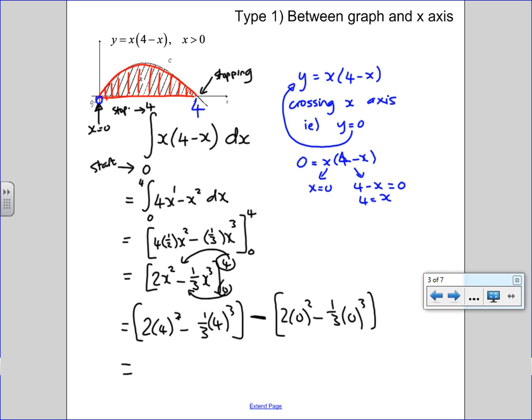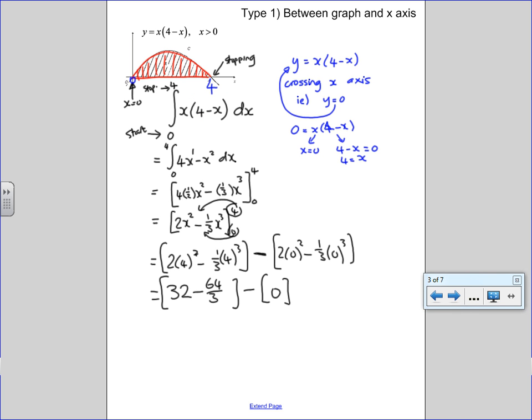I'm not sure about 32 minus something. 4 cubed divided by 3. 4 times 4 is 16. 16 times 4 is 64 over 3. Yep. Minus 0. I can do that one myself. Okay, equals 32 minus 64 over 3 is 32 over 3.